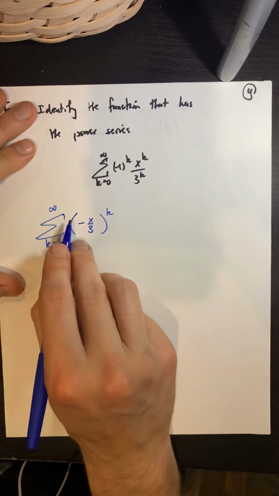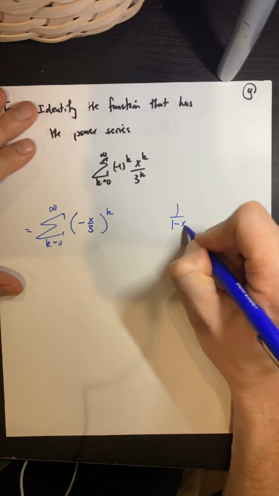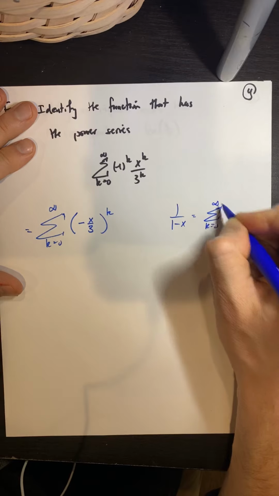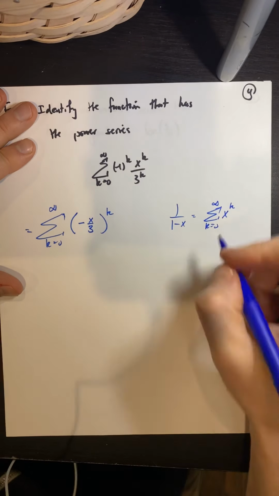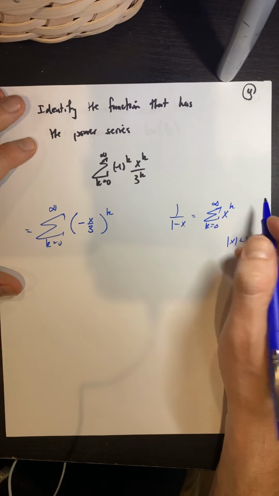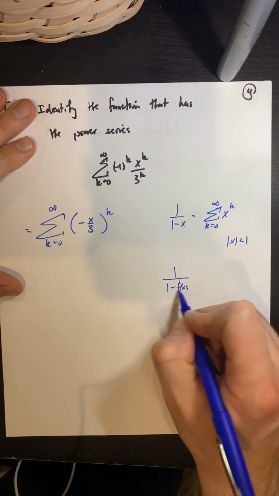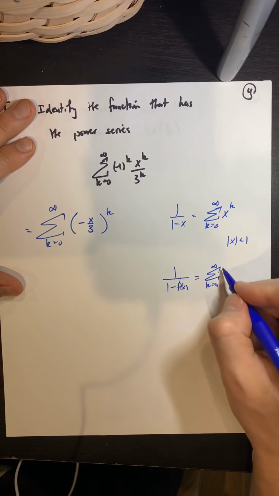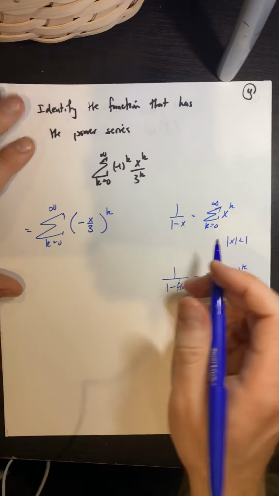So this series is equivalent to this, and if we remember, 1 over 1 minus x is equivalent to the sum from k equals 0 to infinity of x to the k. And this is true for the absolute value of x less than 1. So remember that one theorem that said if I have a function like 1 over 1 minus f of x, I can formulate its power series by replacing x with f of x.